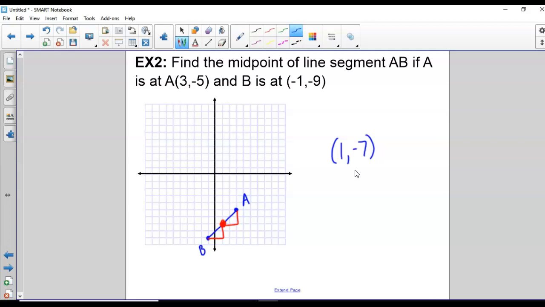Okay. So, questions on that? Just guess and check to make sure it would make the same triangles on both sides.